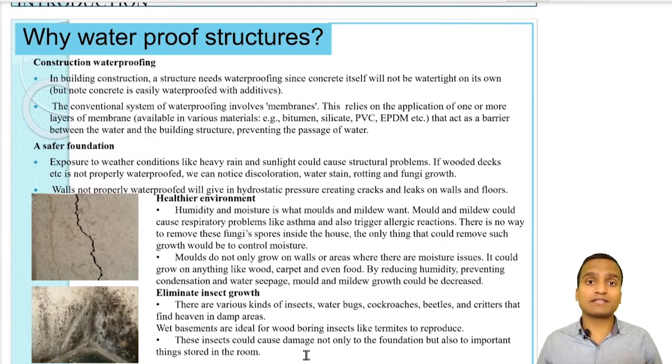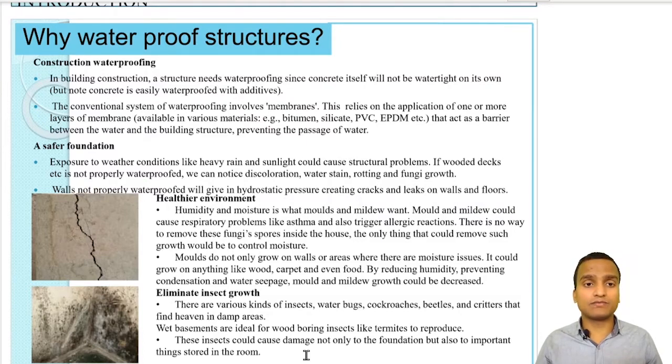And if our element is made of wood, and those wooden decks are not properly waterproofed, then in the course of time we will notice discoloration, the color will fade away, and there will be water stains, rotting, and the growth of fungus on the surface of the wooden elements.